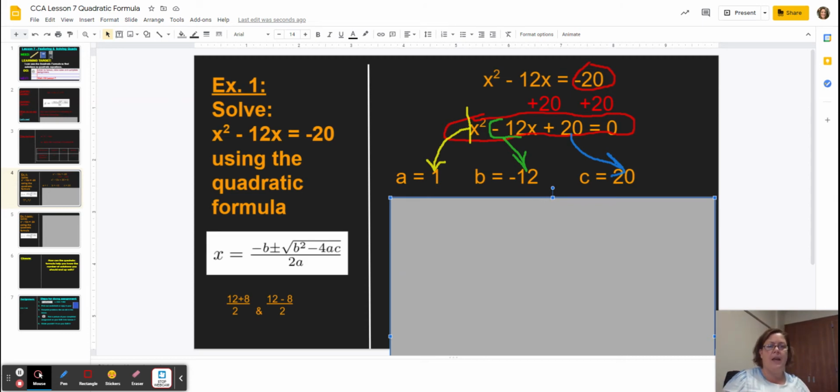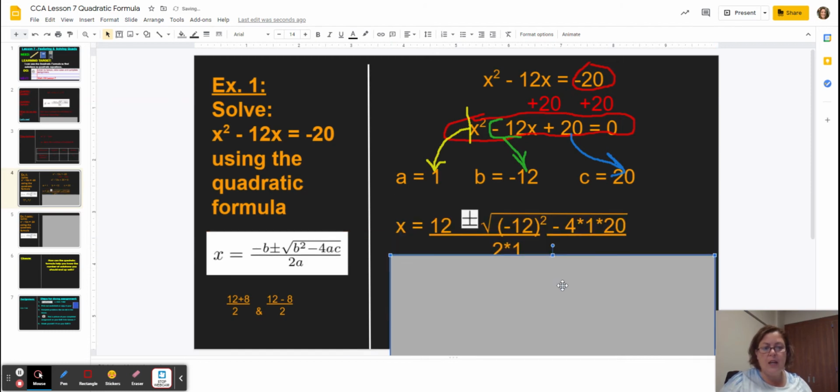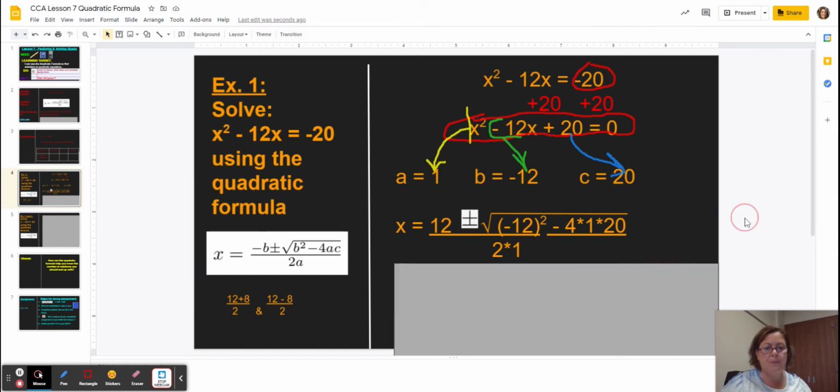Once I've done that, I'm ready to plug that information into the quadratic formula. We're solving for x. We're trying to find those solutions. So the first thing that I'm going to do is substitute everything that I have into the quadratic formula. Now, the opposite of b is positive 12, and that's because our b is negative 12. This plus or minus, I'll explain in just a moment.